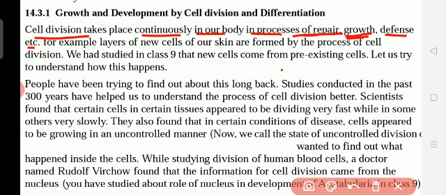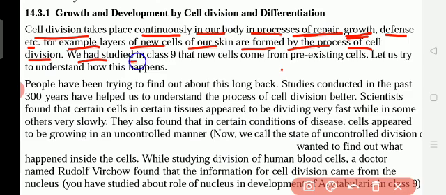It repairs the parts of our body when they are damaged. For example, layers of new cells of our skin are formed by the process of cell division. Sometimes the skin falls off, and we get new cells through cell division and we get new skin.